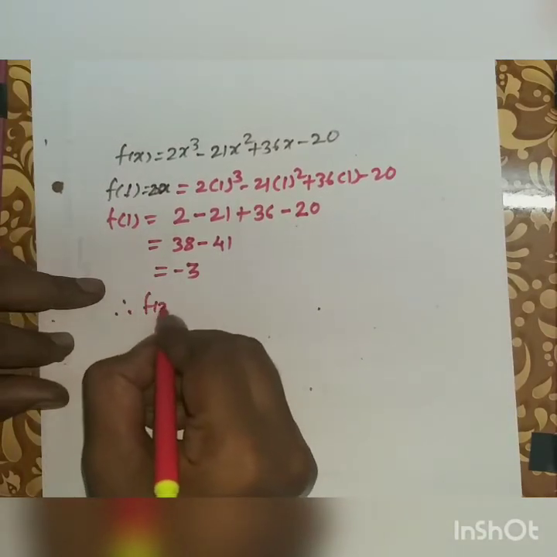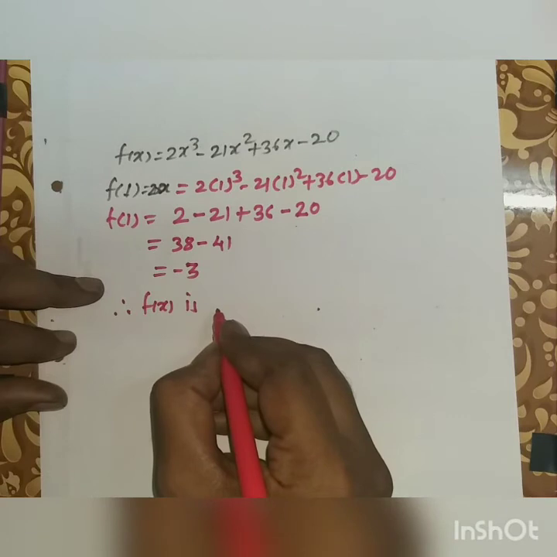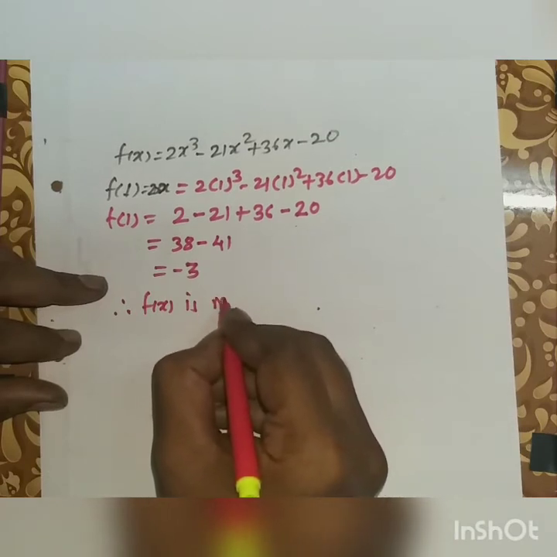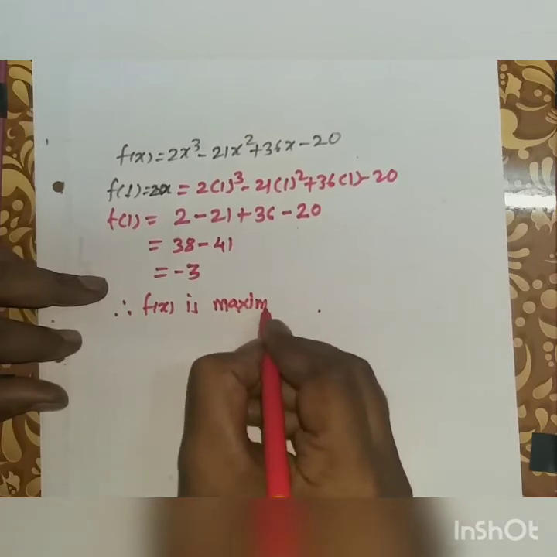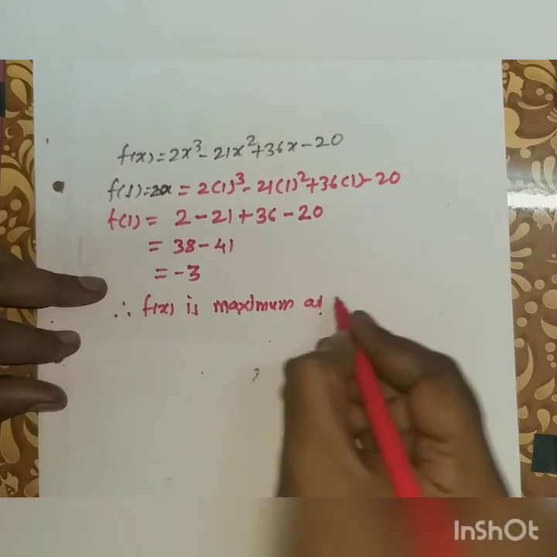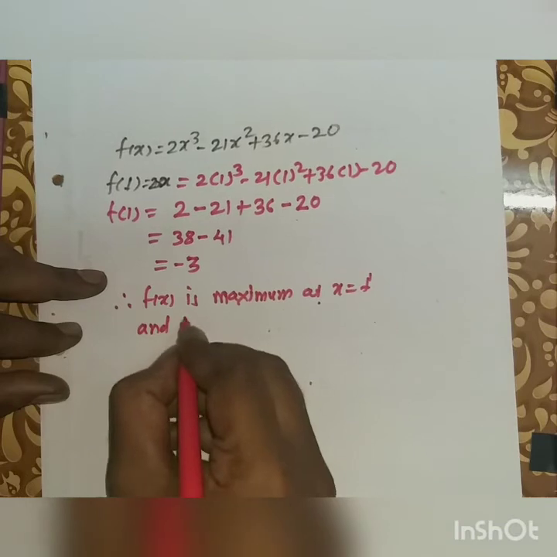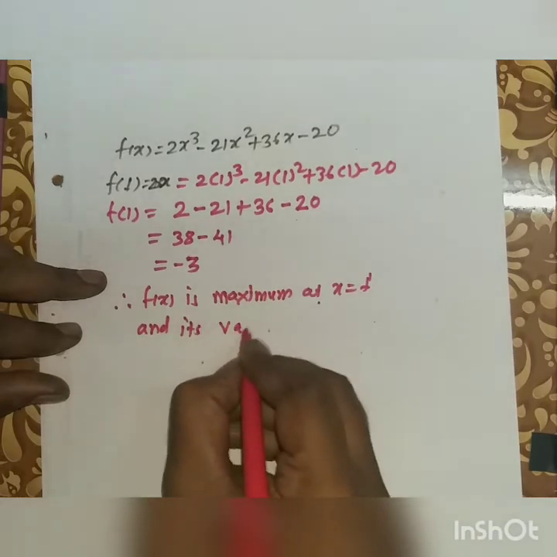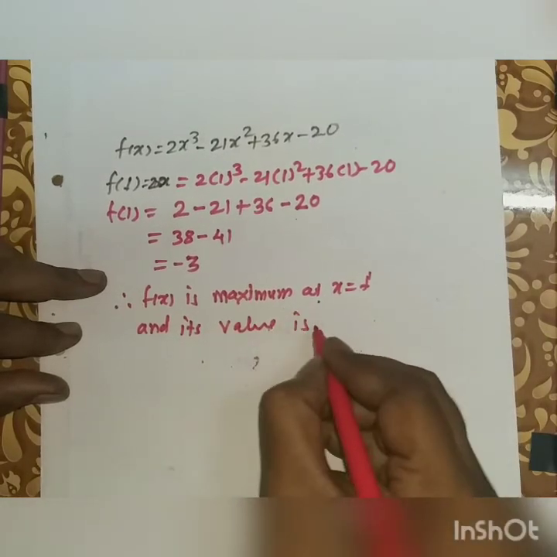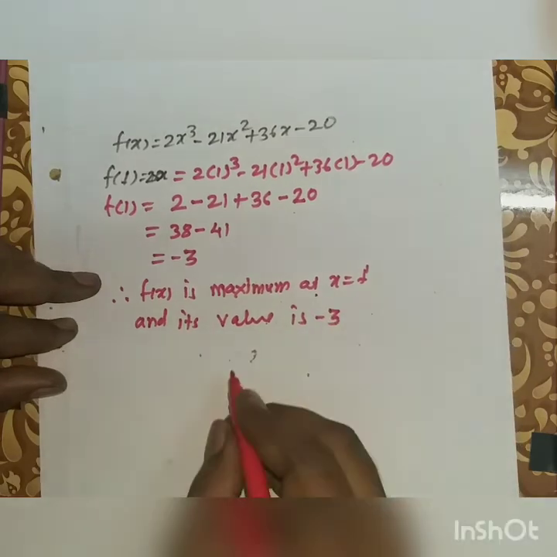Therefore, f of x is maximum at x is equal to 1 and its value is minus 3.